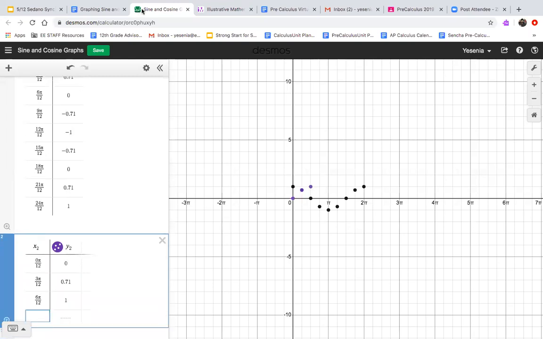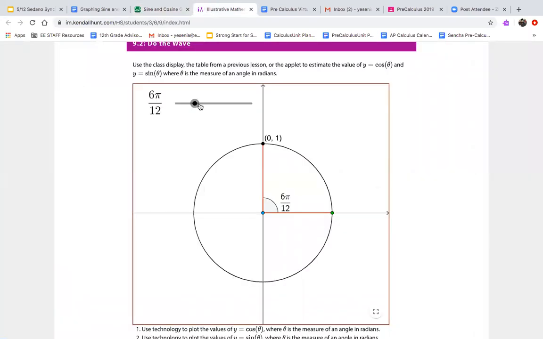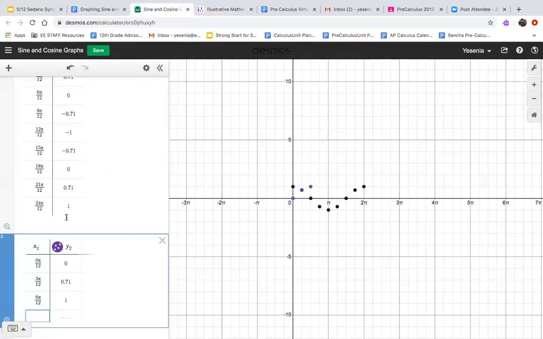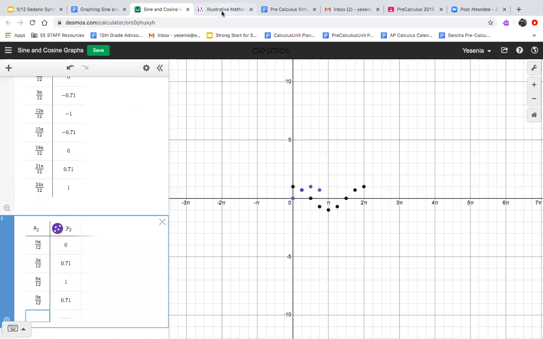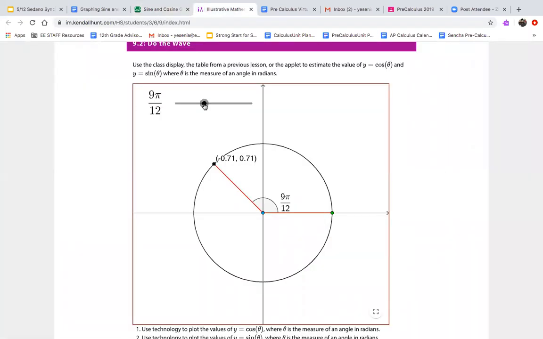And then you just keep going until you fill out the table for sine here. So I'm going to again choose a middle value. So that's 9 pi over 12. My sine, remember the second point is sine, is going to be a positive 0.71. So at 9 pi over 12, it's positive, like that. So that looks like it was starting to increase. Now it's starting to decrease right here, the sine. And we keep going.